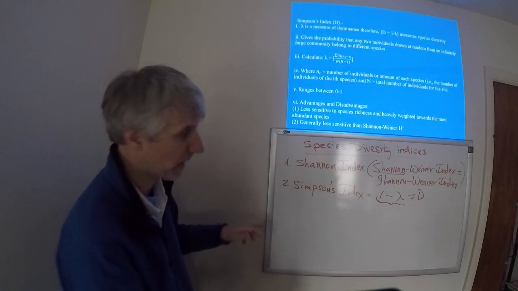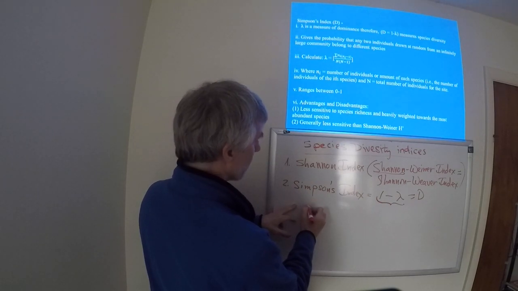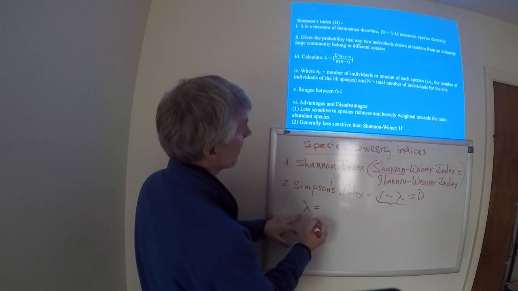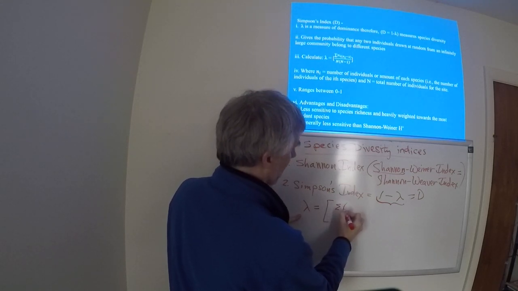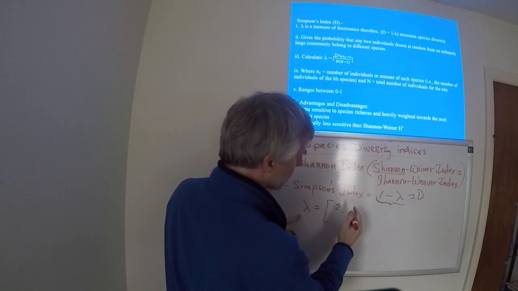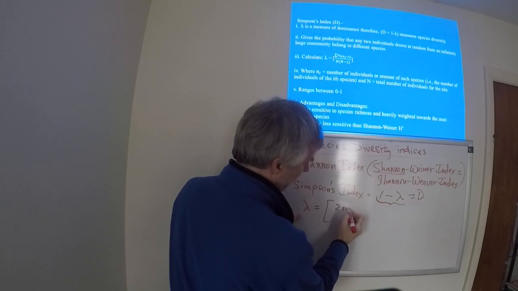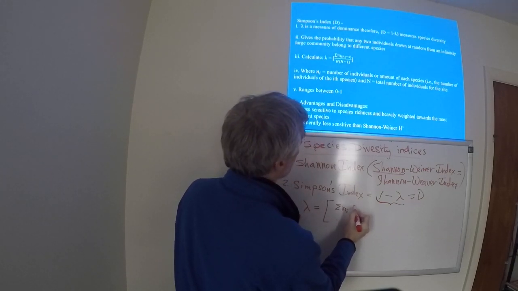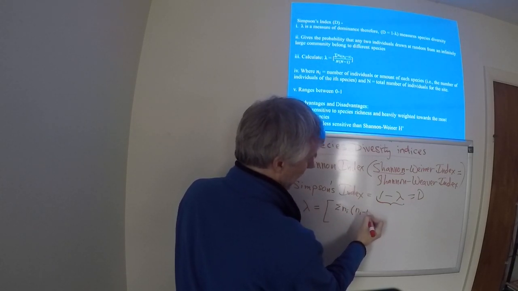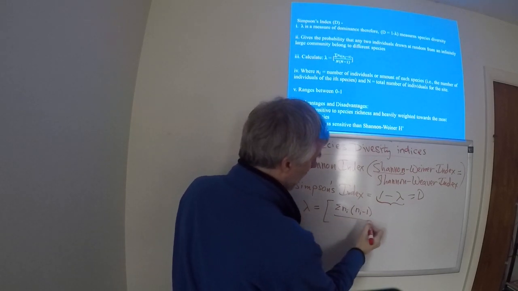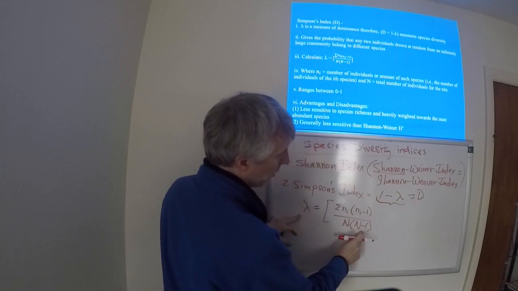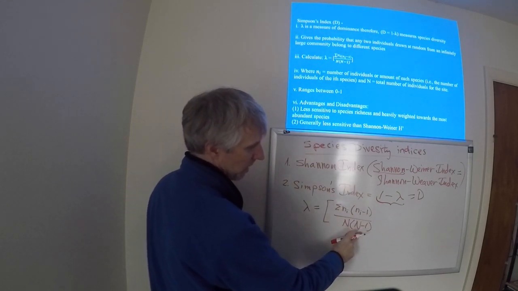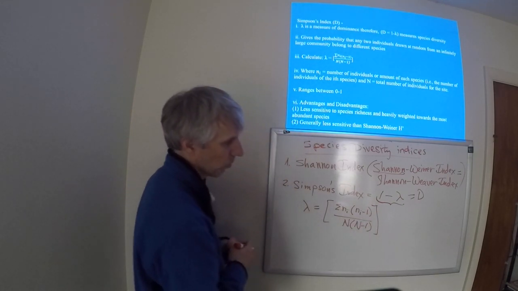Actually, let me write the equation up here first. So lambda is calculated out here as the sum of each of the individual abundance values multiplied by the abundance value minus 1, and all of this is divided by the total number of individuals times the total of individuals minus 1.